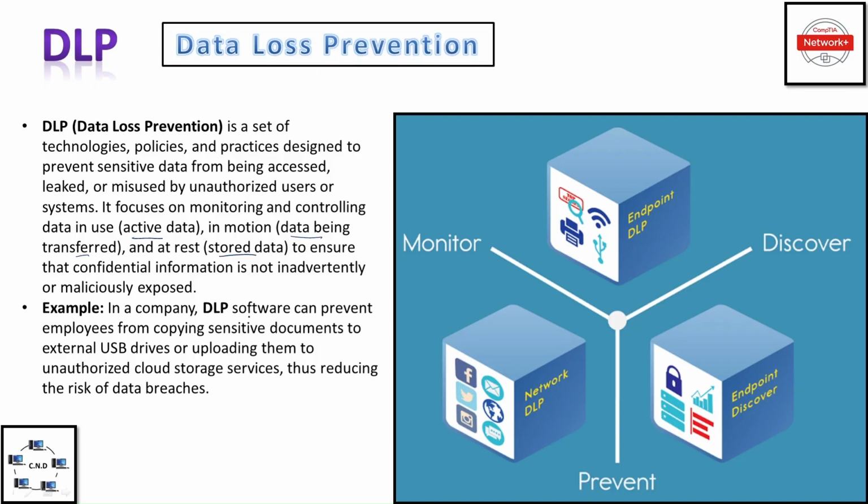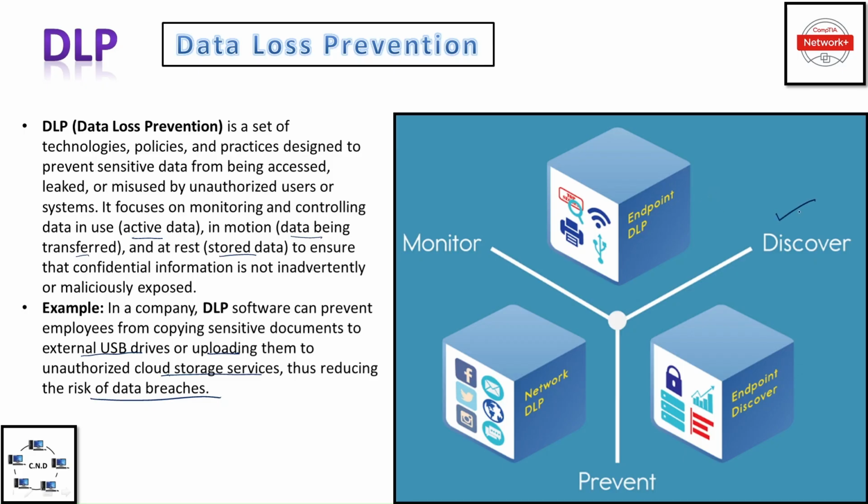For example, in a company, DLP software can prevent employees from copying sensitive documents to external USB drives or uploading them to unauthorized cloud storage services, thus reducing the risk of data breaches. Basically, there are three steps during initial configuration of DLP.